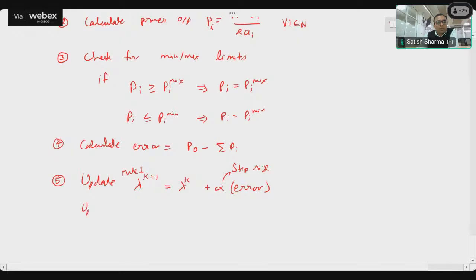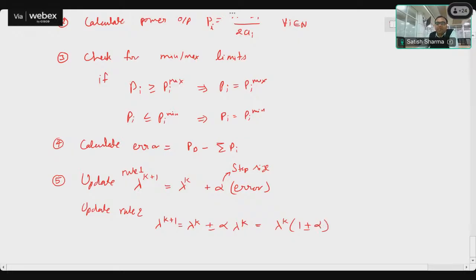If I talk about another update rule, which is still a good rule but will give you an answer differently, it is, let's say, lambda k plus 1 equals lambda k times (1 plus or minus alpha). Here the step size is again different, so the alphas in both rules can have different values. Here lambda k can be kept constant, and then 1 plus or minus alpha.